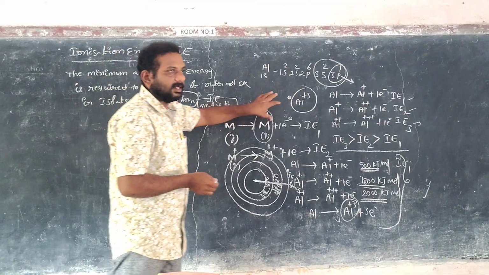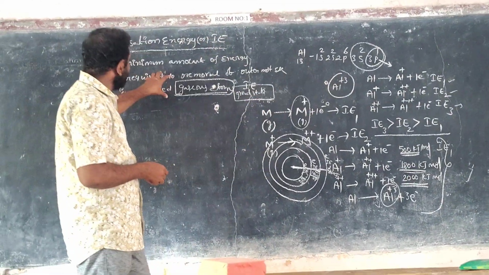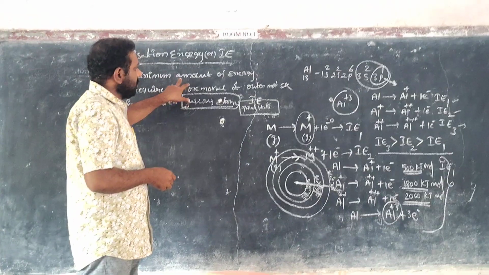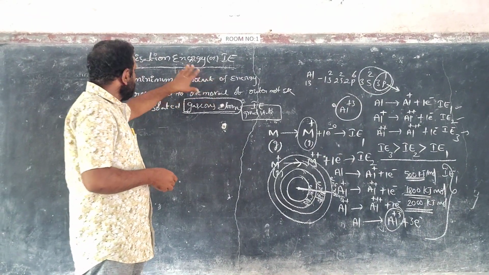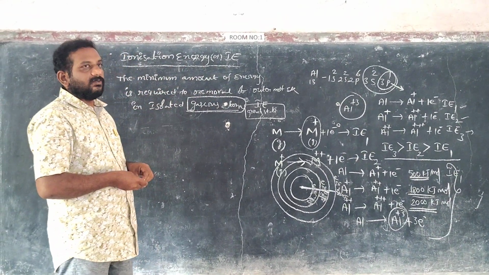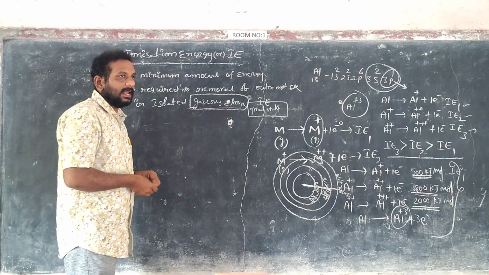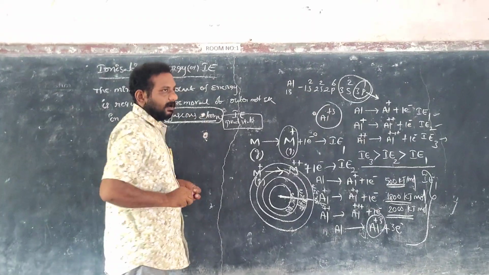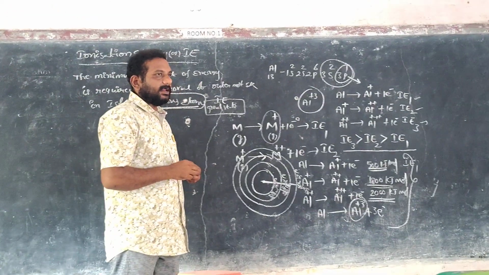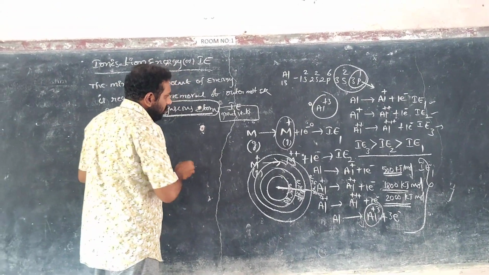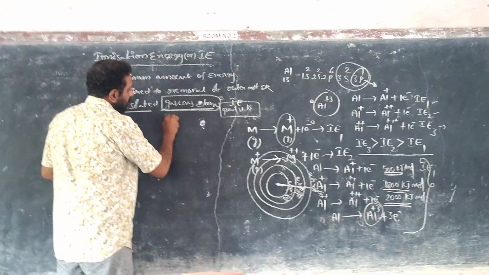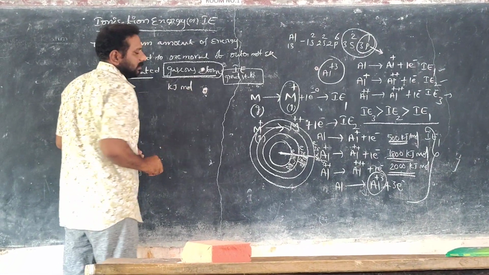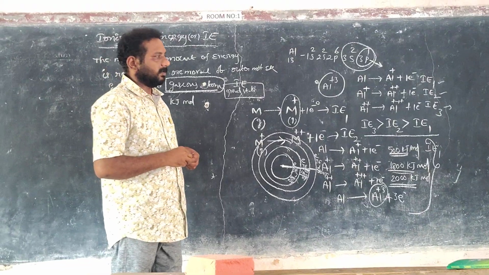Ionization energy is the minimum amount of energy required to remove the outermost shell electron from an isolated gaseous atom. The unit of ionization energy is kilojoules per mole.